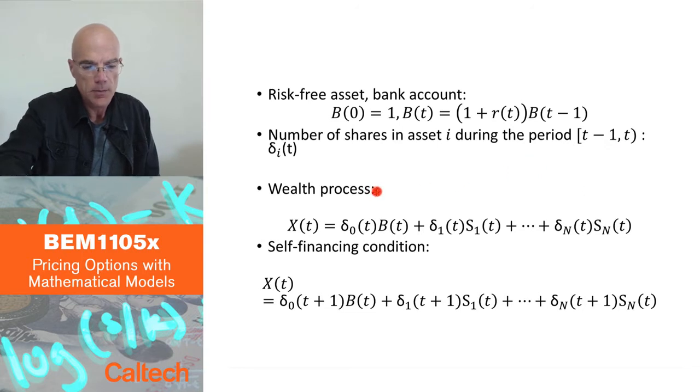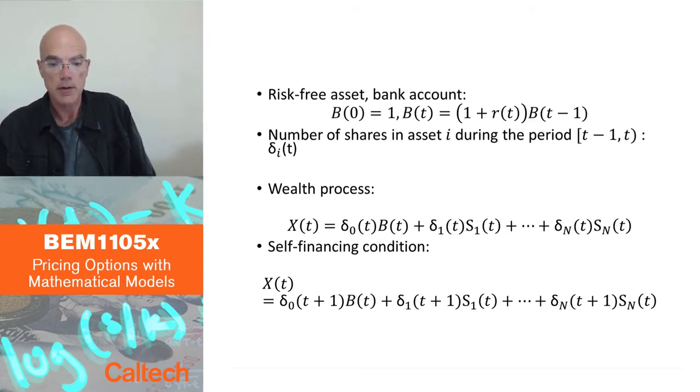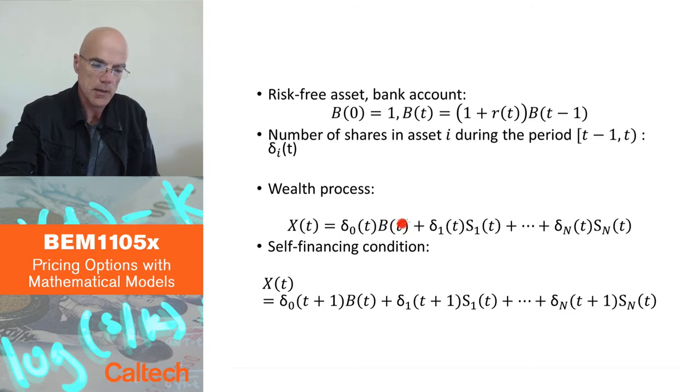The wealth process, by definition, is the wealth that you have in your portfolio at time T, given that you hold shares delta 0, delta 1, delta n in the assets. It is simply the sum of all the money you have in different assets: number of shares times the asset price, added up.